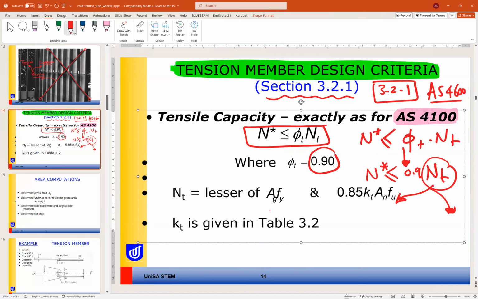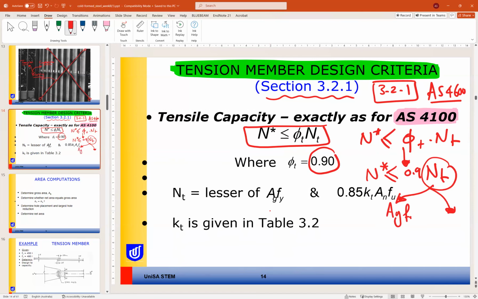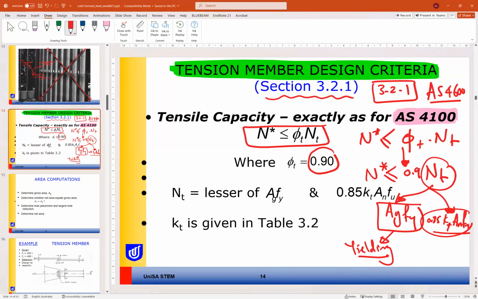So we have two values: A gross F yield, this is for yielding failure, and 0.85 KT AN F ultimate, this is for rupture or fracture.